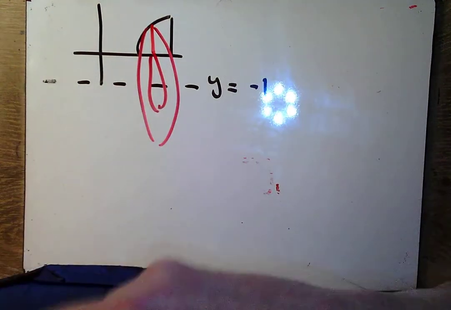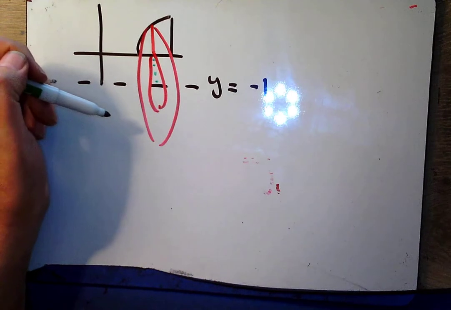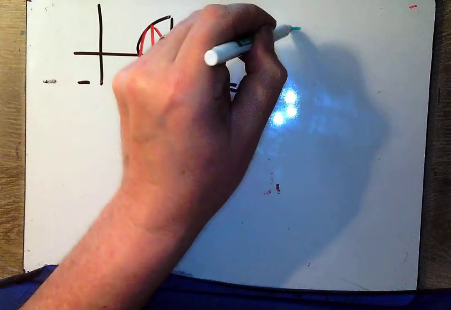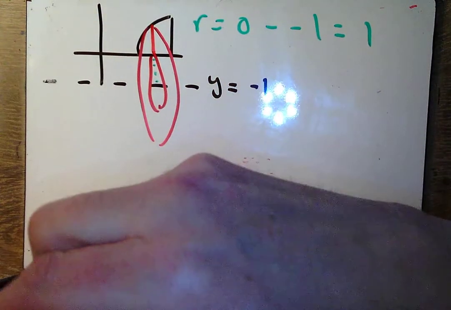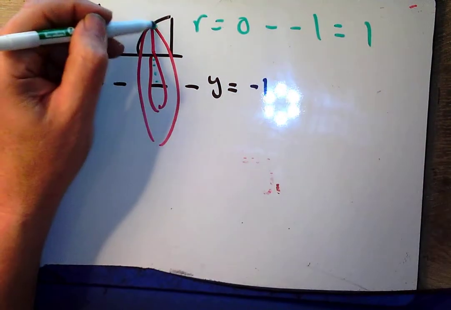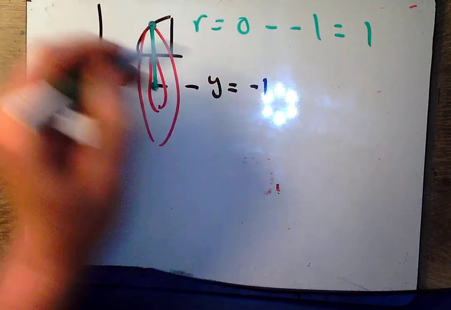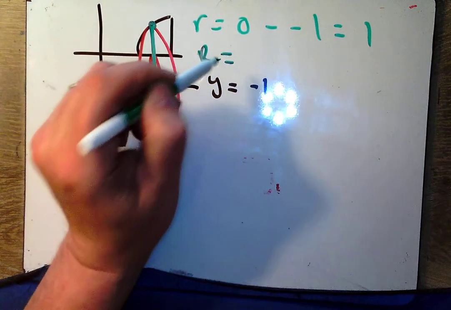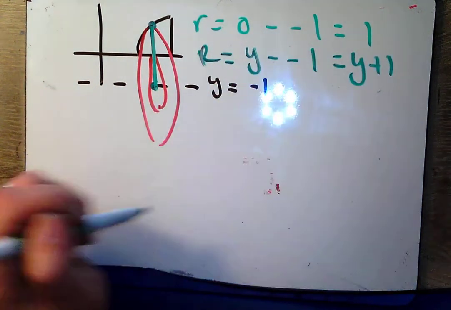Well, I think this distance is going to be a constant 1. 0 minus negative 1 is 1. And that's my little r. My big R, using top minus bottom, is going to be y minus negative 1, or y plus 1.